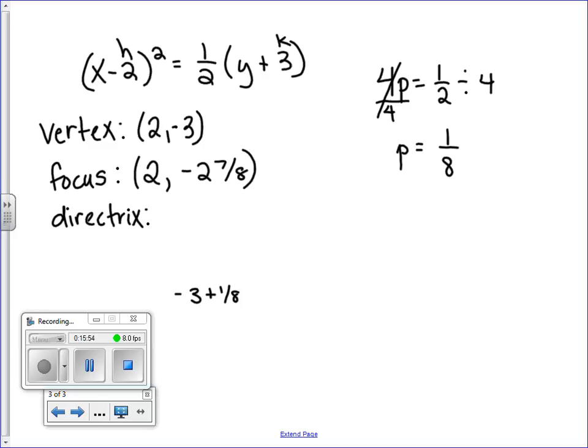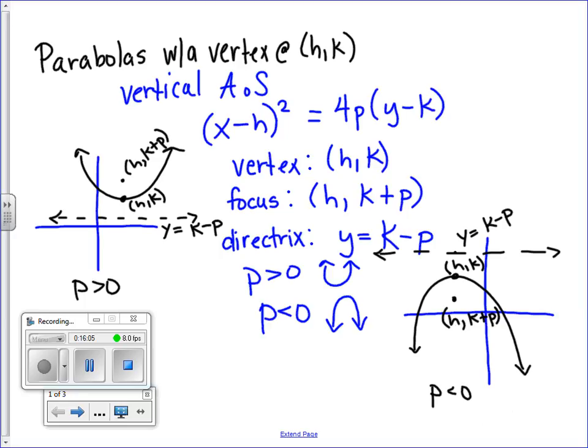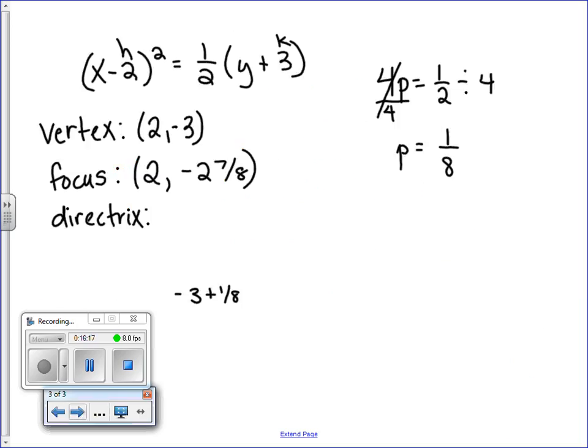All right, the directrix is at y equals, don't forget that y equals, K minus P. So that's going to be K minus 1/8. What's negative 3 minus 1/8? Negative 3 and 1/8.